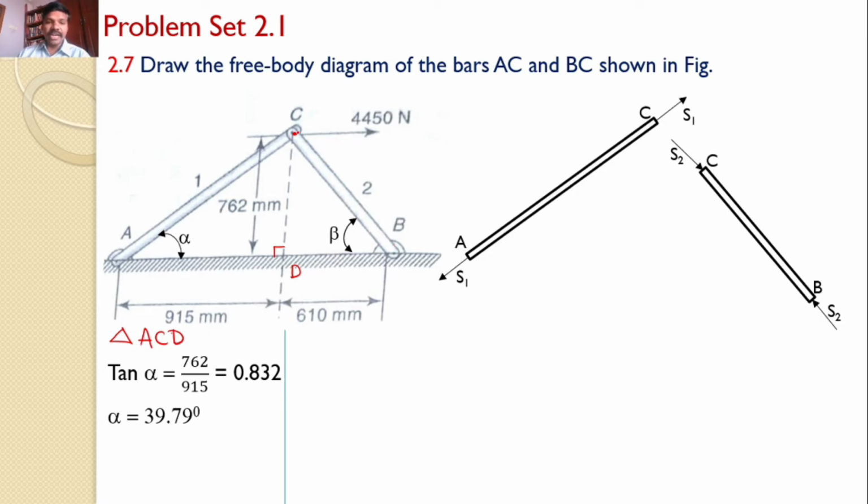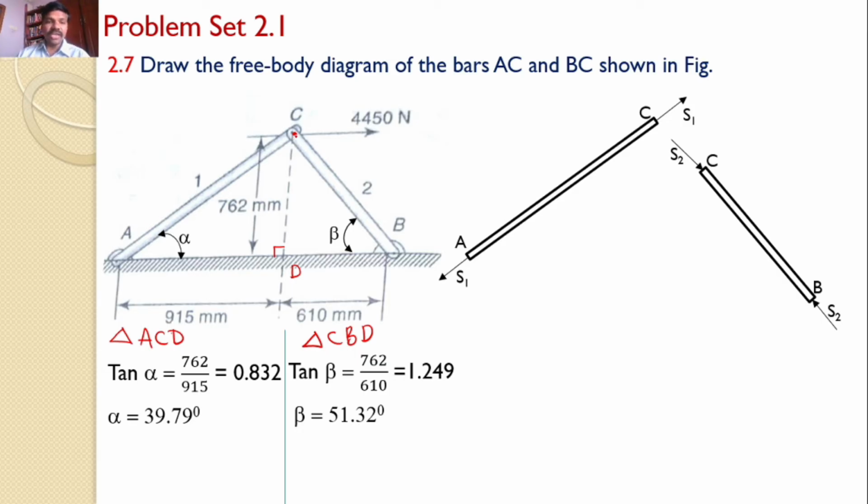Similarly, from the right angle triangle CBD, tan beta is equal to 762 by 610, opposite side by adjacent side, which is 1.249, and beta is equal to 51.32 degrees.